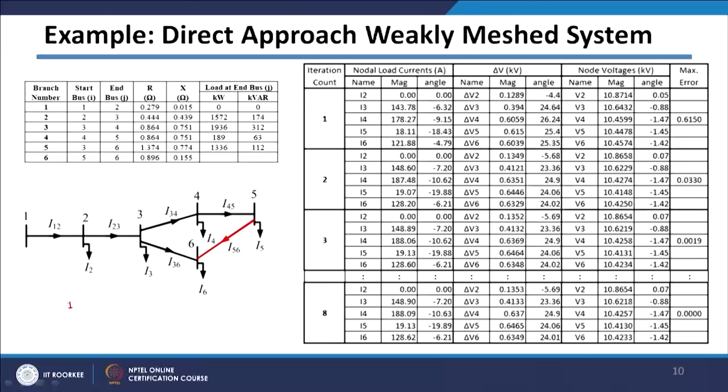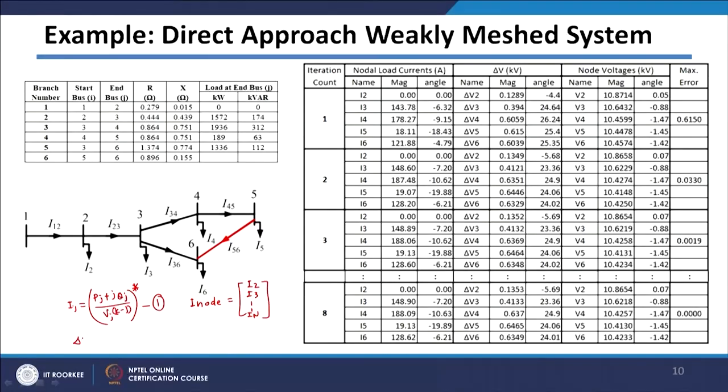That is, first calculate your nodal current using this equation, divided by Vj, which is calculated at the earlier iteration, take the conjugate of it. So, it is equation number 1. It will give you the I node matrix, which is basically I2, I3 up to In.